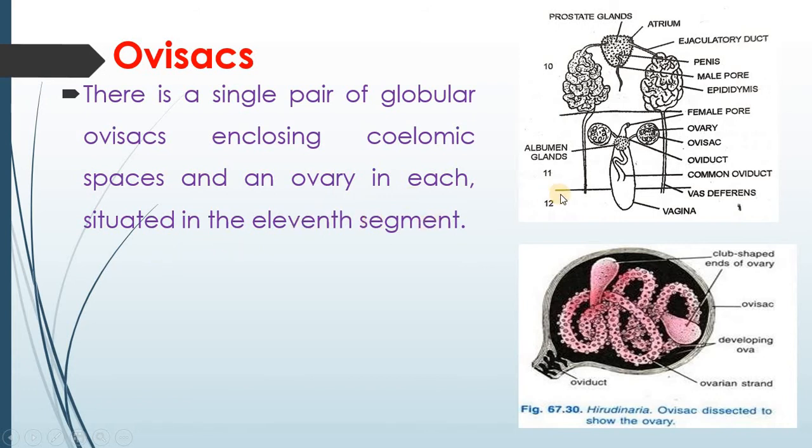This is the picture from where things will be clear. This number shows the 10th segment, 11th segment and 12th segment. In the 11th segment, you can see the ovisac. This is the globular ovisac enclosing the ovary.